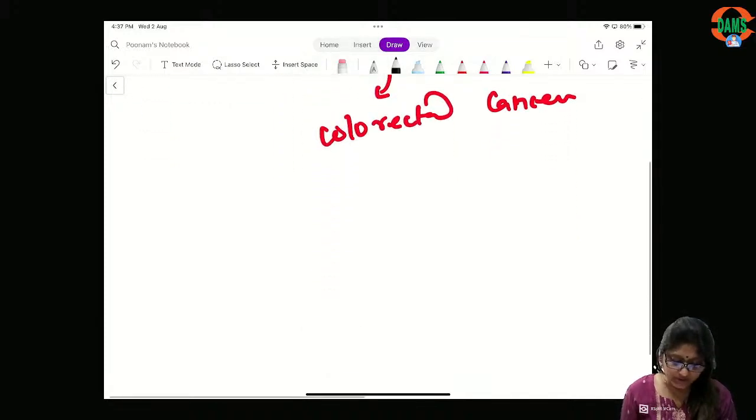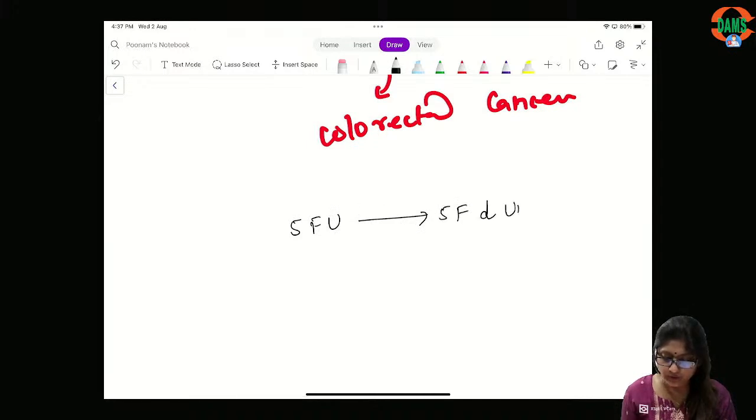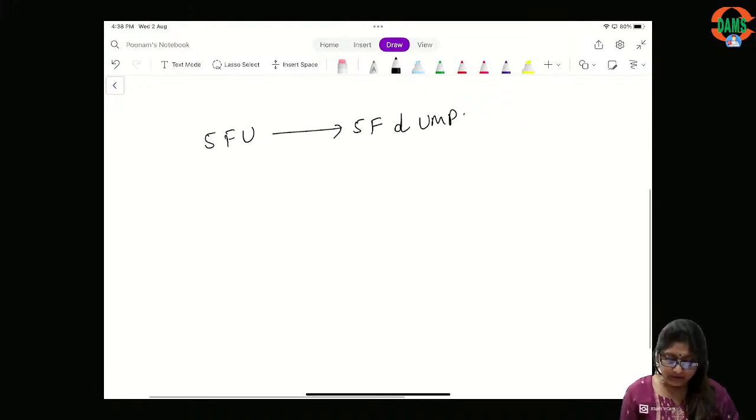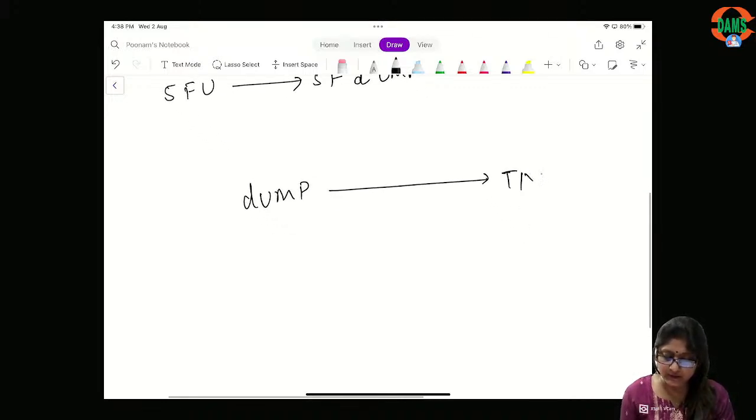So 5-fluorouracil is first of all converted to 5-fluorodeoxy-UMP. Then we must see that deoxy-UMP is the important precursor because it makes TMP.